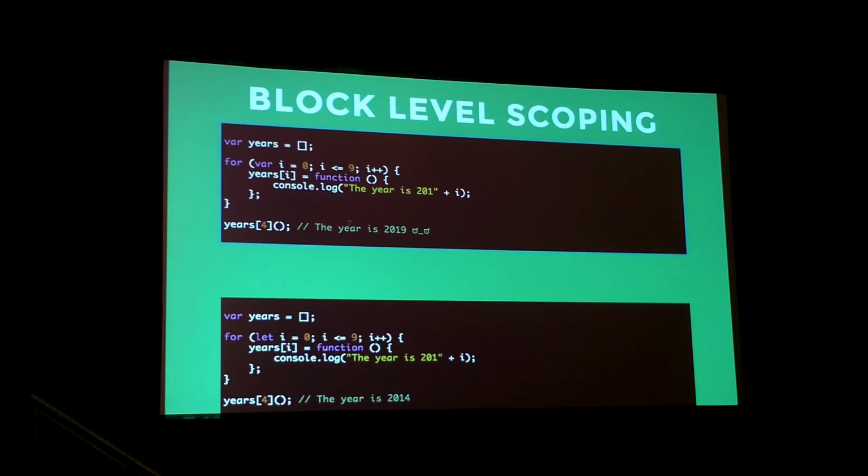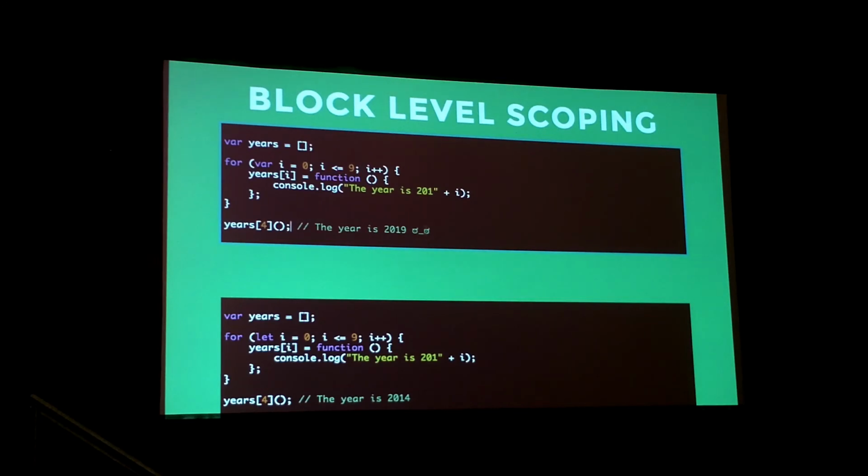So when we check years at 4 and call that function, we would think that it would be returning 2014, right? But it doesn't, because this is all global. The for loop doesn't actually count as a function for scoping purposes. So what it's actually doing is this i variable just goes up a level. So by the time we get down here, i still exists. i is 9 because we've finished our for loop.